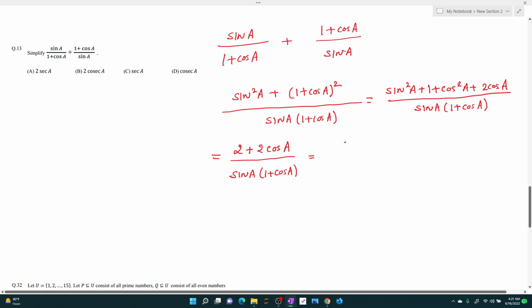So I can write it down as twice of 1 plus cos a divided by sine a into 1 plus cos a, right? And we can cancel out 1 plus cos a with 1 plus cos a. We have 2 upon sine a, which is nothing but twice cosec a, right? So option B is correct. Okay, let's move to the next one.